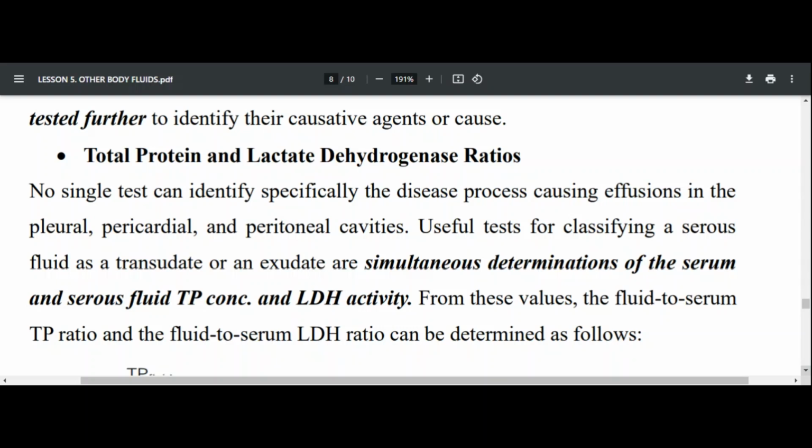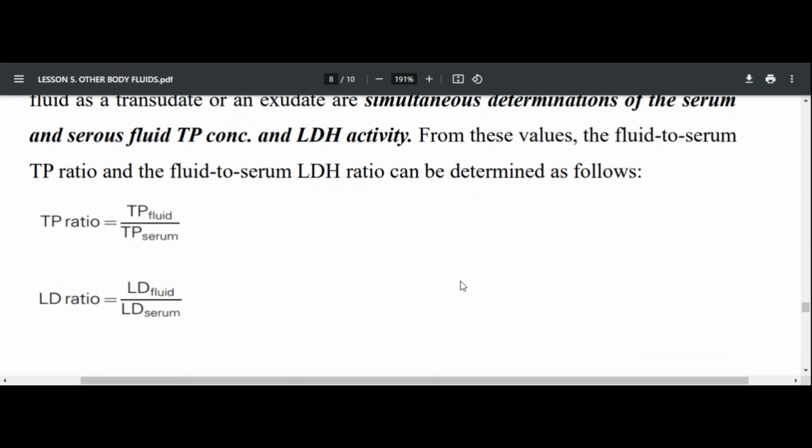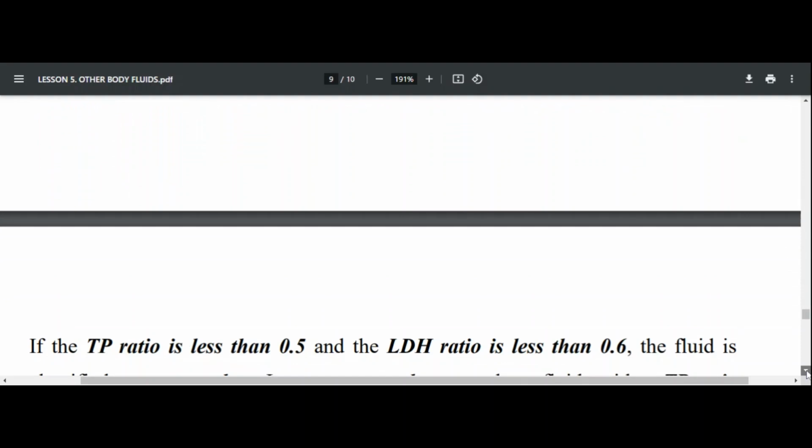From these values, the fluid to serum total protein ratio and fluid to serum LDH ratio can be determined: total protein in body fluid over total protein in serum, and LDH activity in fluid over LDH activity in serum. As we compare these ratios, we can then analyze and establish a diagnosis.